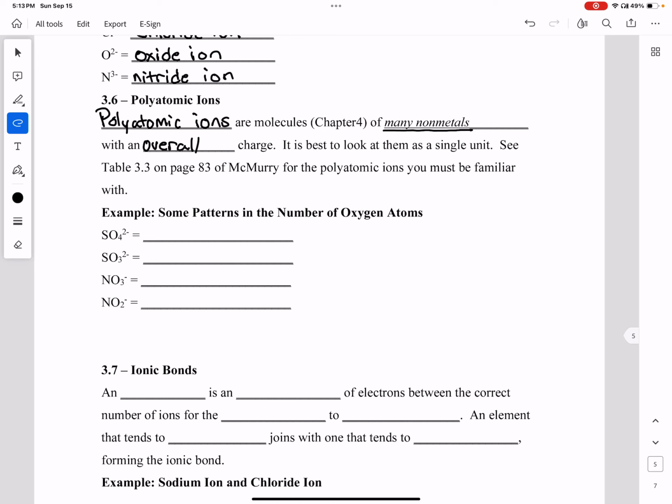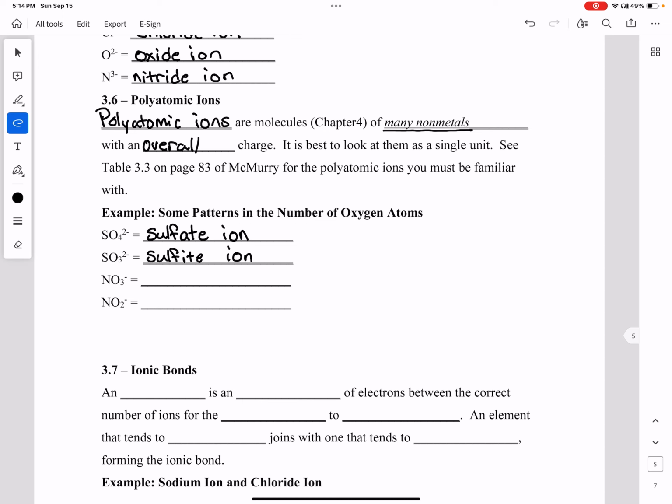So SO4 with an overall charge of 2 minus is called a sulfate ion. But SO3 is a sulfite ion. So SO4 versus SO3, it would seem for a second like sulfate would mean 4 oxygens and sulfite would mean 3 oxygens.